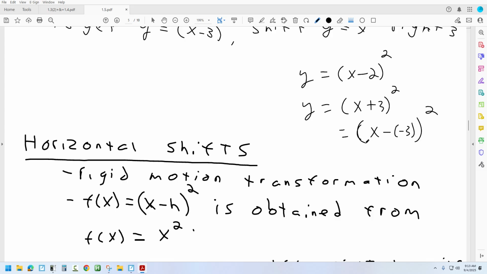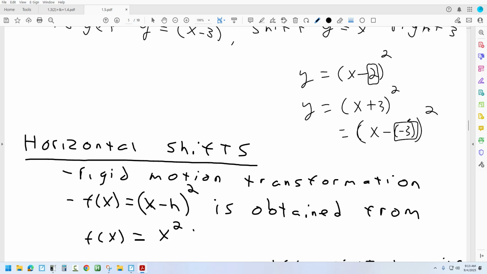When I'm shifting left and right, I always think of it in terms of x minus something. And then I focus on what comes after the minus sign. In this case, that's a 2. In this case, that's a negative 3.